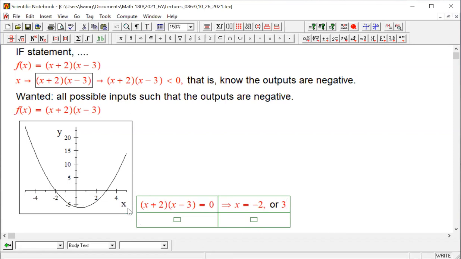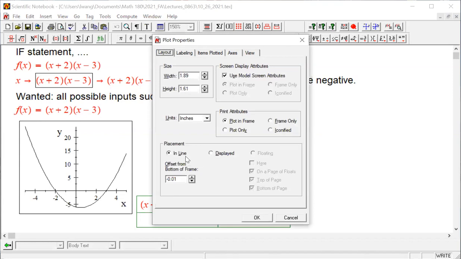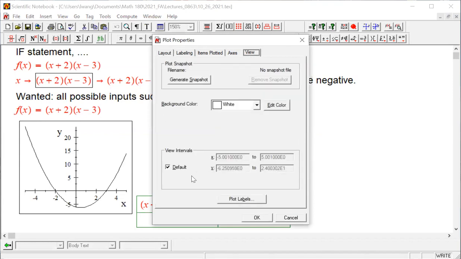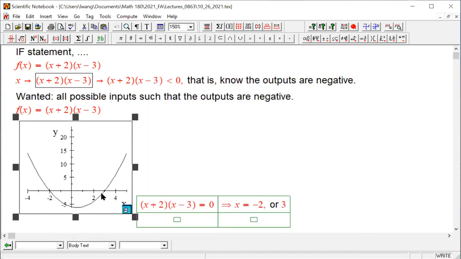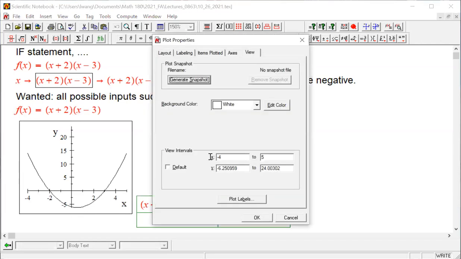It tells us that on this parabola, let me make a little more adjustment here.